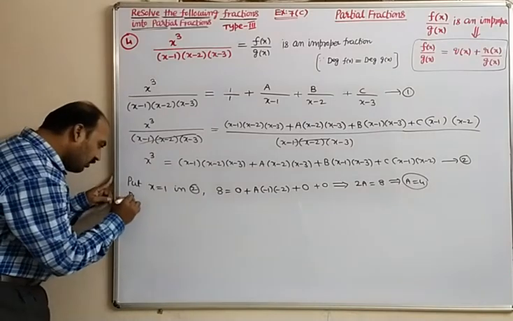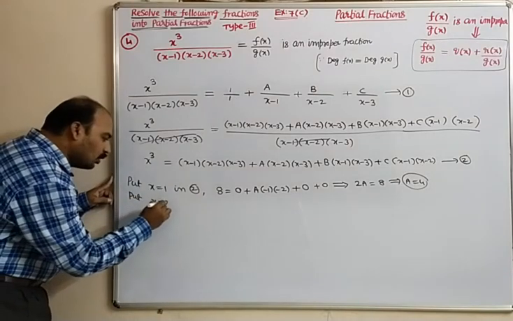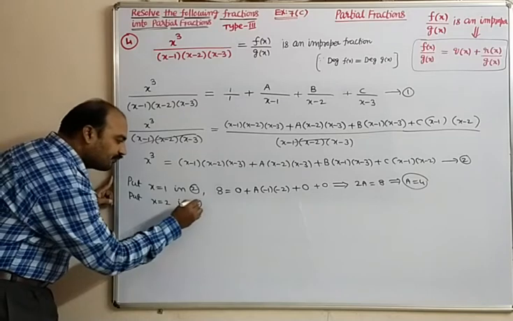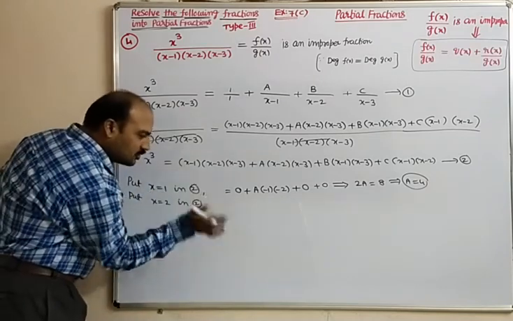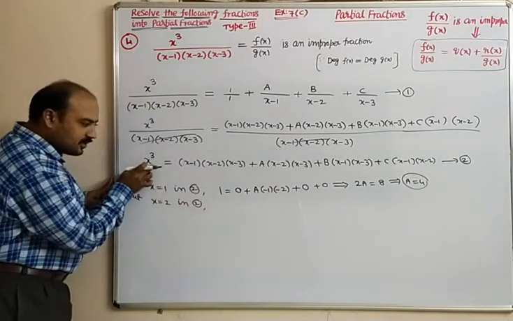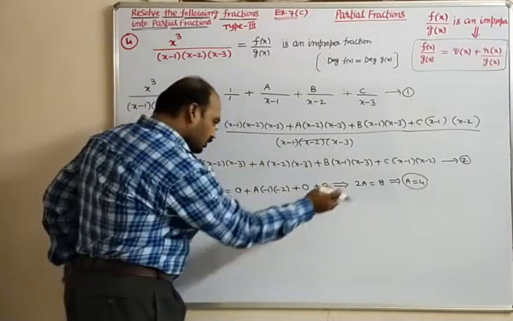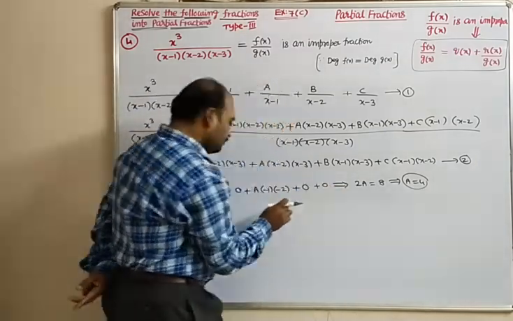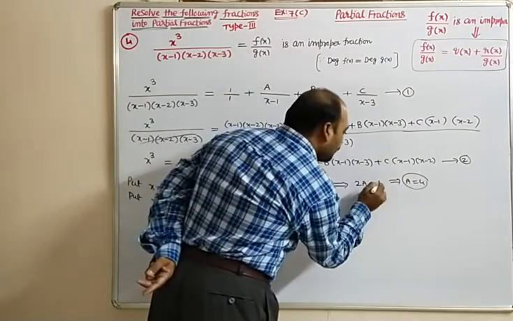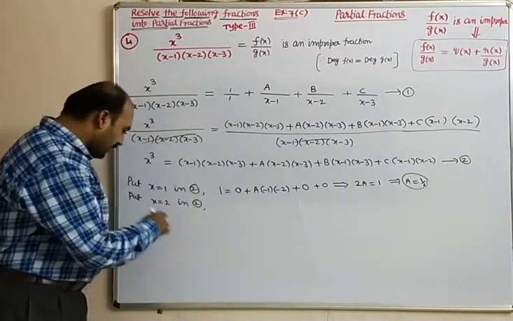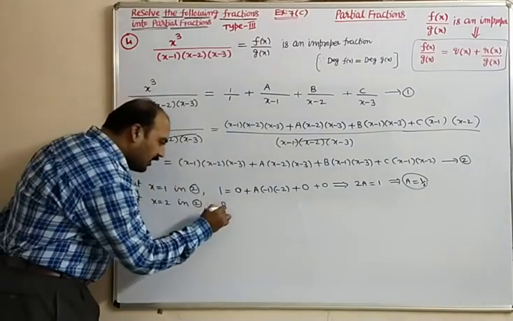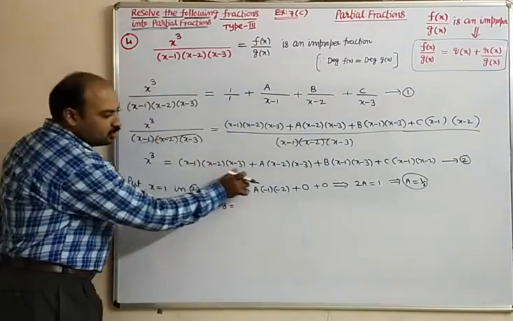Similarly, put x is equal to 2 in equation 2. Sorry, my dears. Now x is equal to 2, you substitute here, it will become 8. This value goes to be 0.